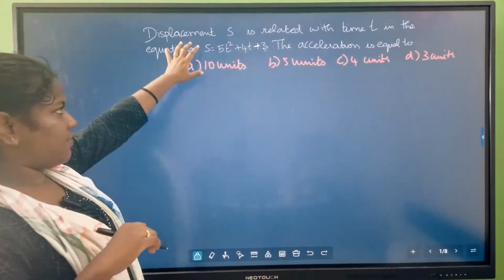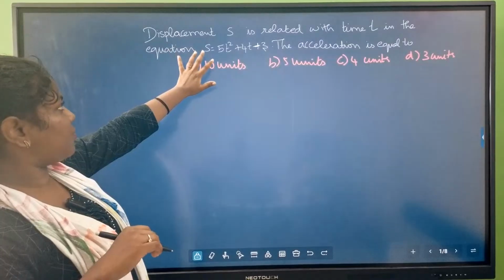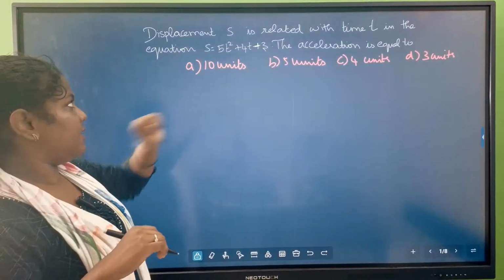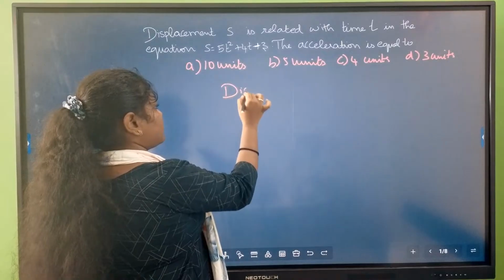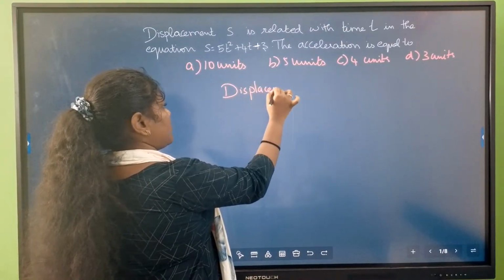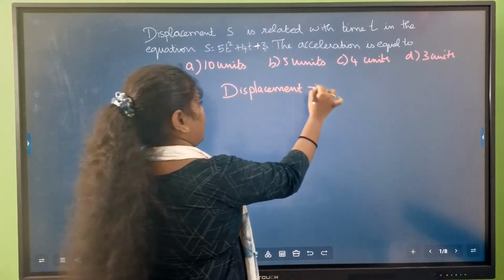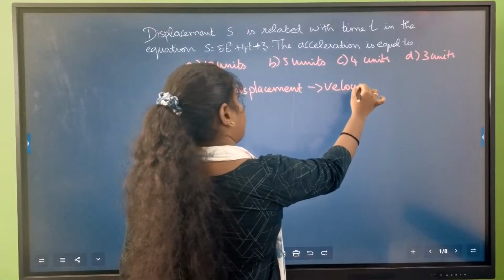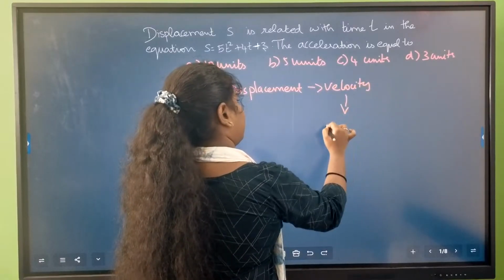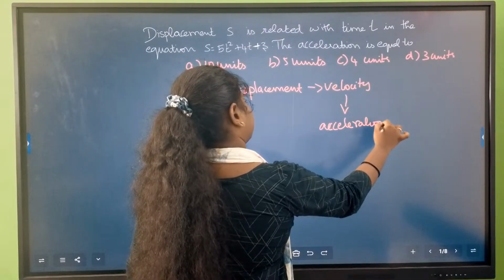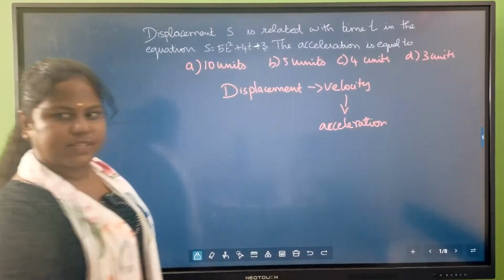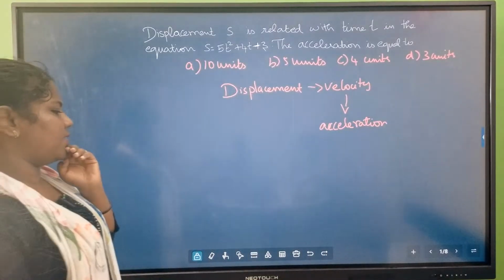They have given the displacement, we have to find acceleration. Am I correct? So from displacement we can find velocity, am I right? From velocity, we can find acceleration. Yes? Let's solve the problem.